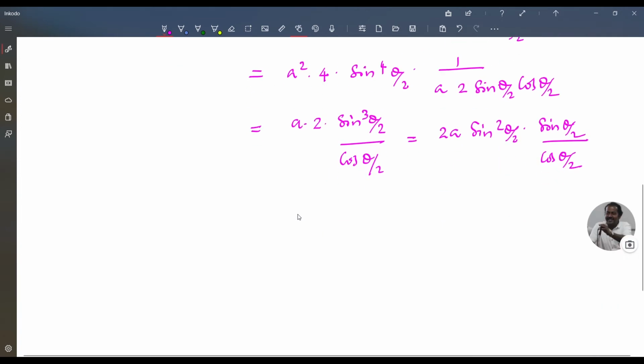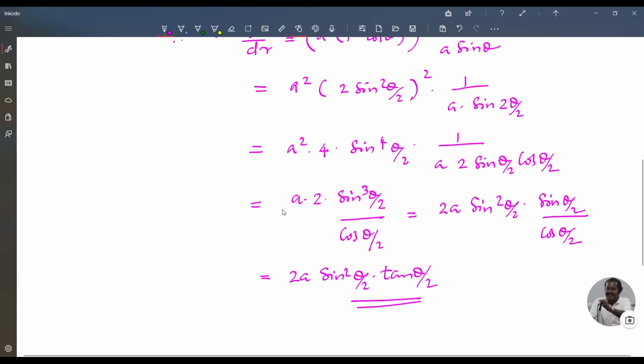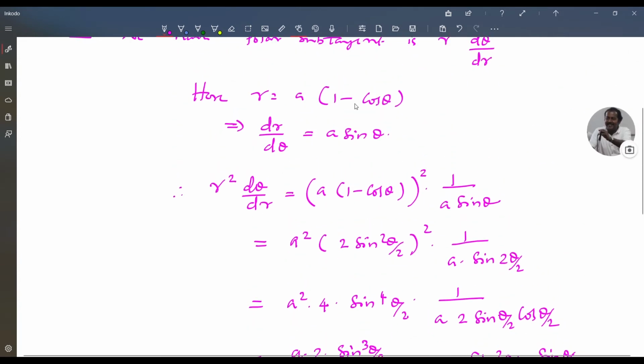So that is equal to 2a sin square theta by 2 into tan theta by 2. So this is the expression for polar subtangent to the curve r equal to a into 1 minus cos theta.